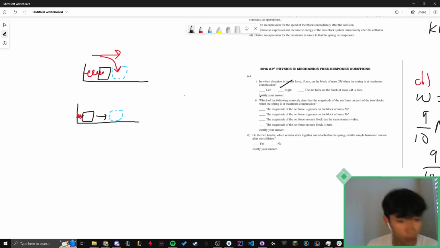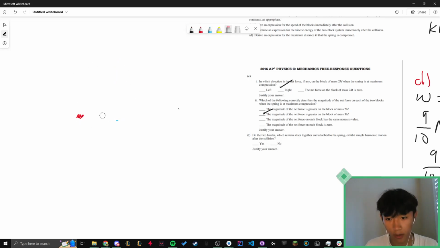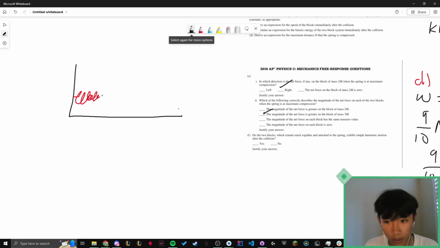And then which of the following correctly describes the magnitude of that force? Okay, so this would actually just be 3m. As we know, this is what a diagram would look like. So, the force spring, and then this is block 2m and block 3m.